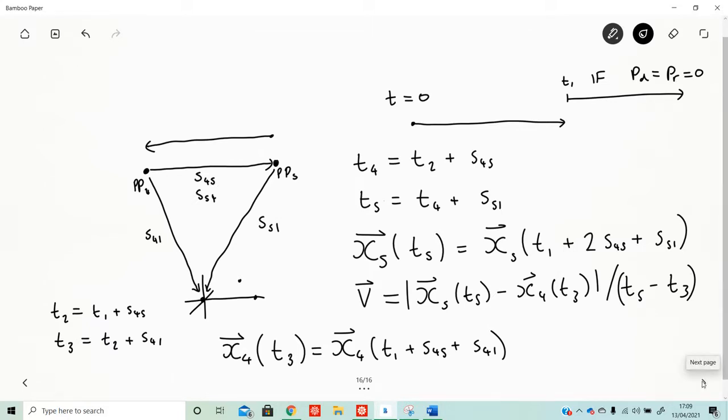Interestingly enough, you can actually work out that this only happens when the triangle inequality is violated, right? So if S45 plus S51 is less than S41, then this leads to a negative velocity.